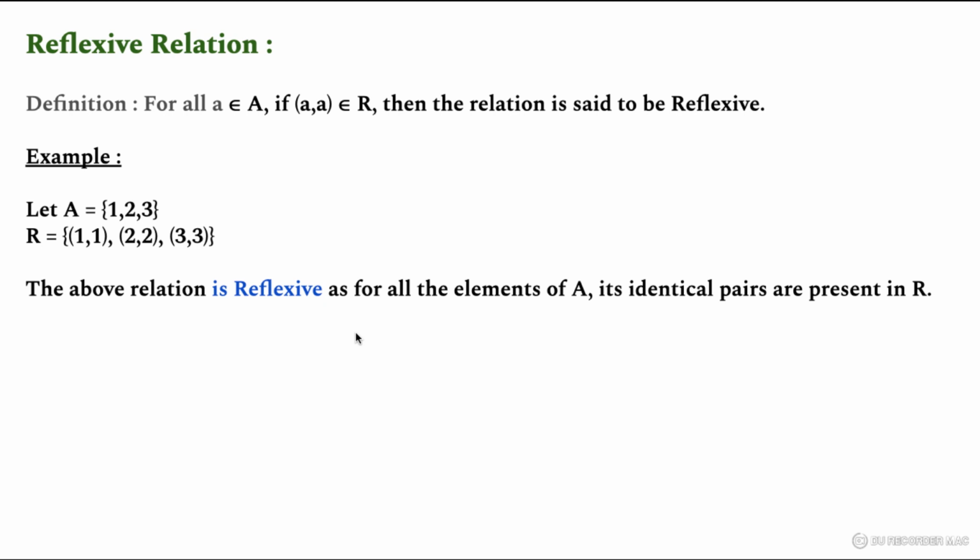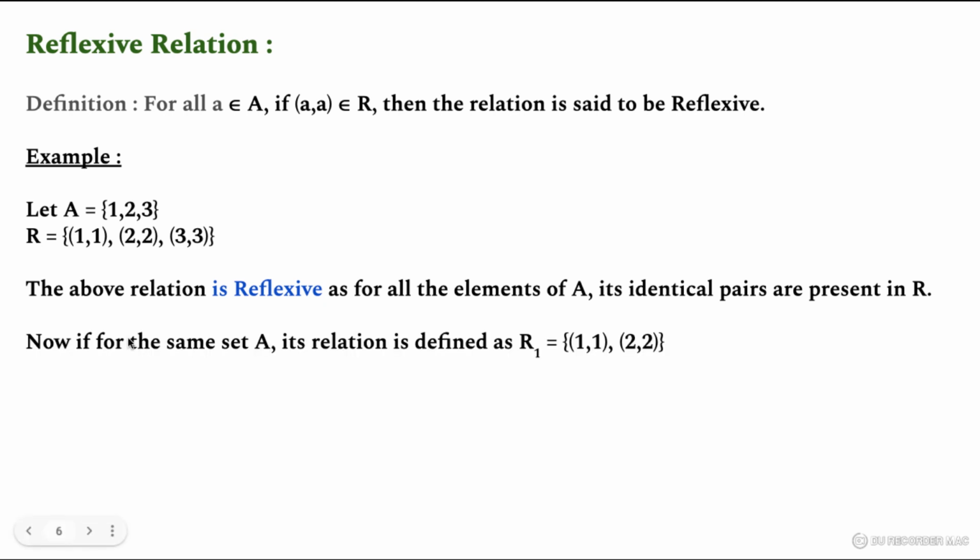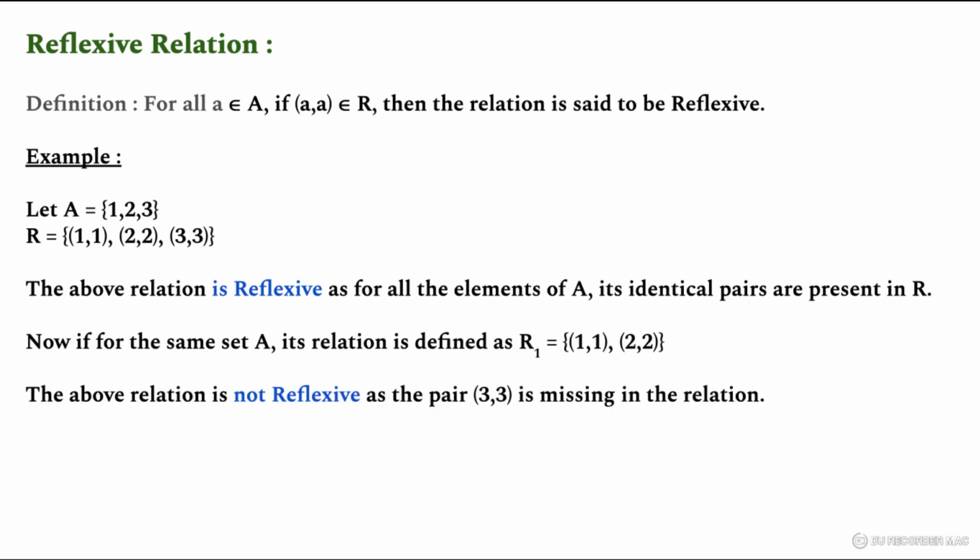You understand? Moving on. Now, for the same set A, its relation is defined as R1 equals {(1, 1), (2, 2)}. So here they are taking the same set, that is {1, 2, 3}, and defining a new relation R1. Now in this case, is this relation reflexive? This relation is not reflexive.